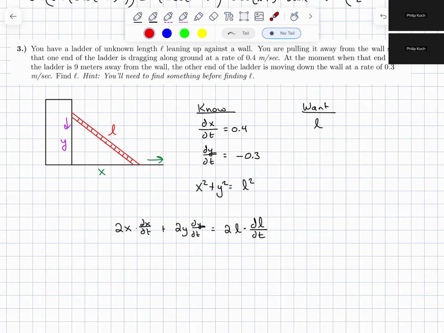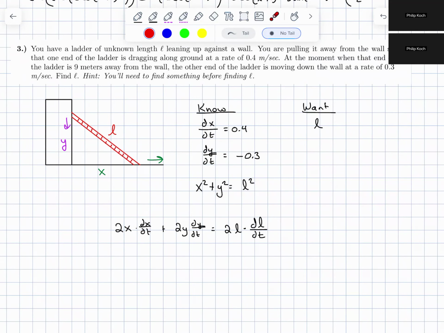Because this triangle will always be solving the Pythagorean theorem, regardless of what x and y are. So since I know x is 9, if I know what y is, I'll be able to solve for L. But the problem is with this equation, I know x, I know dx/dt, I know dy/dt, but I don't know y, L, or dL/dt.